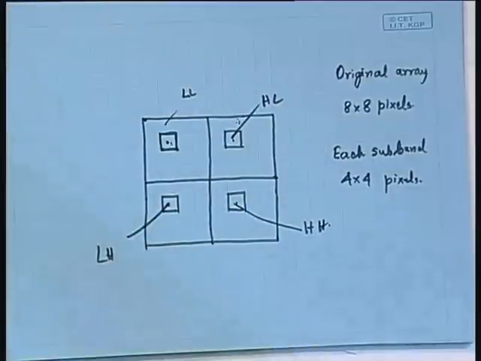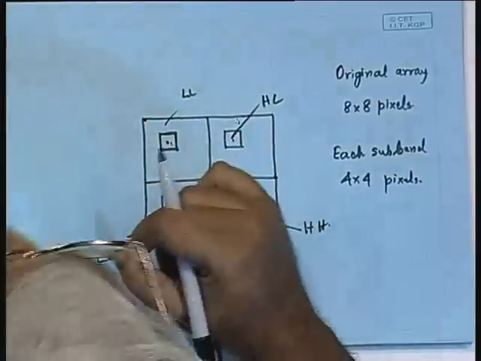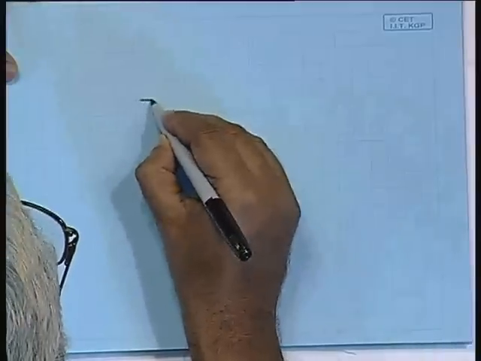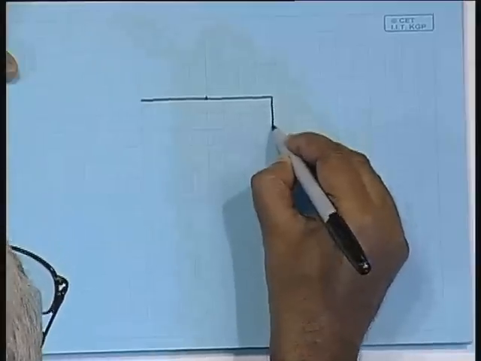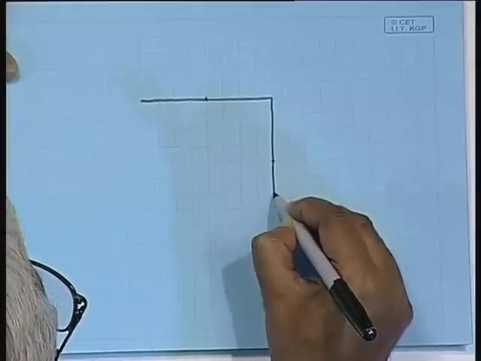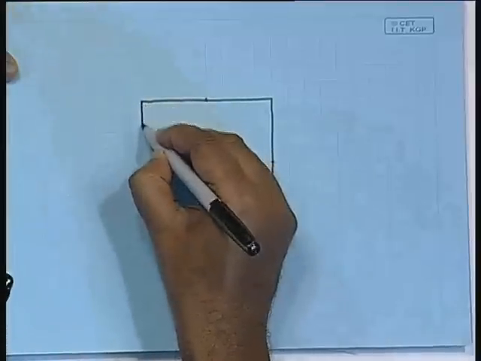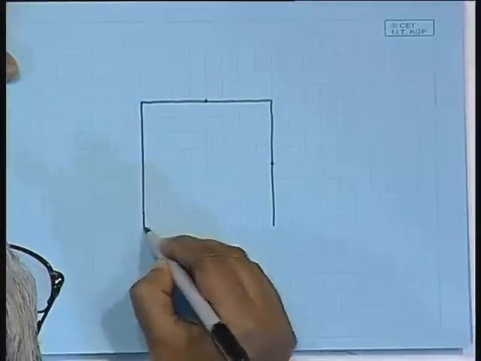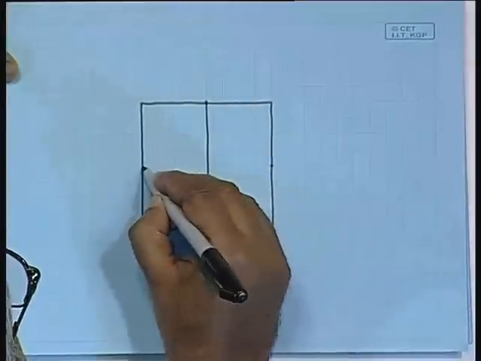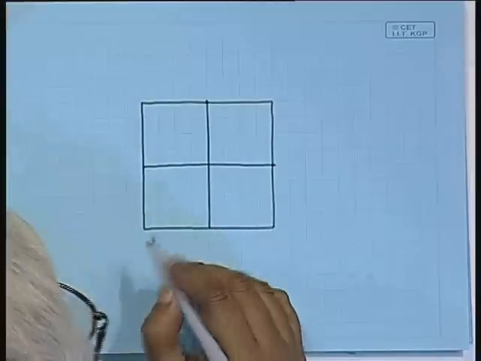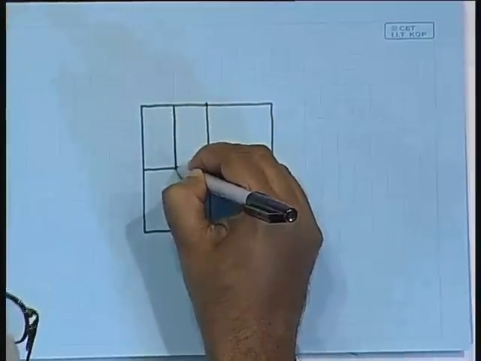Now, let us see what the state of this relationship will be when we have more levels of partitioning. Let us say we have 2 levels of partitioning. Again I try to draw the same type of grid. This is after the first level of decomposition, and we make a second level of decomposition.